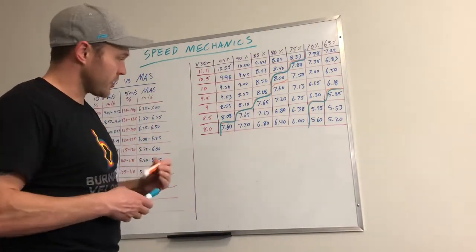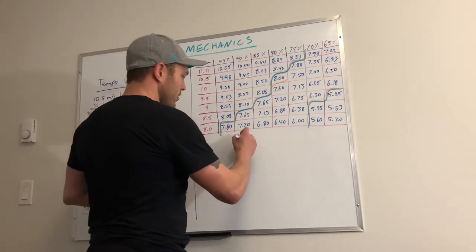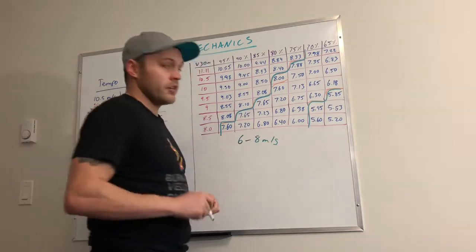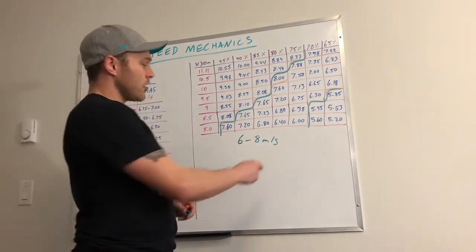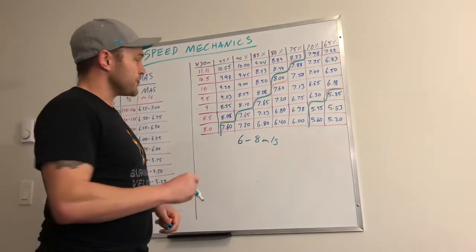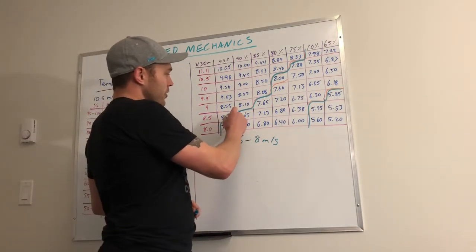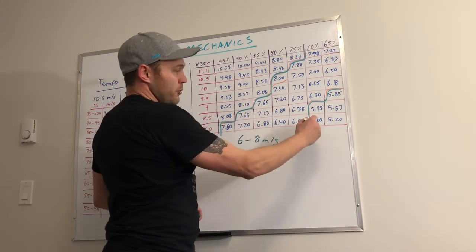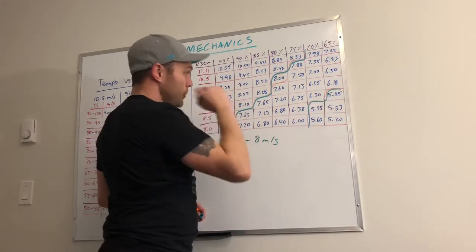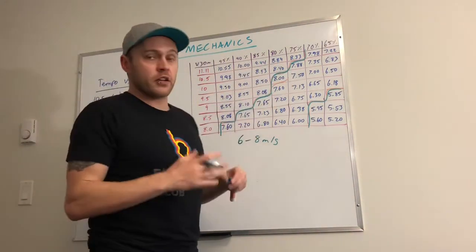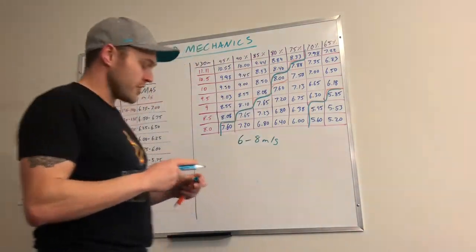So if we look at most sports, the top speeds that are hit in game are about 6 to 8 meters per second. If we look in this blue area here, that's the top end and the low end. These are all the speeds that are between 6 to 8 meters per second.